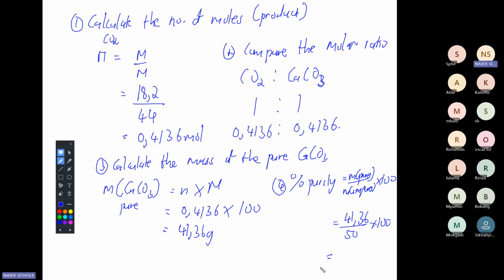What is the percentage purity? 41.36 divided by 50 times 100 is 82.72%.